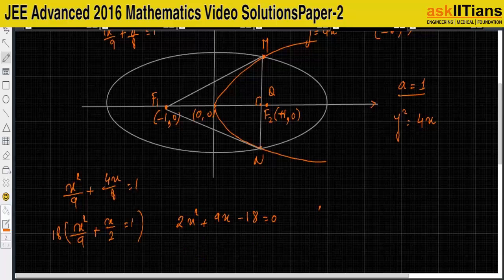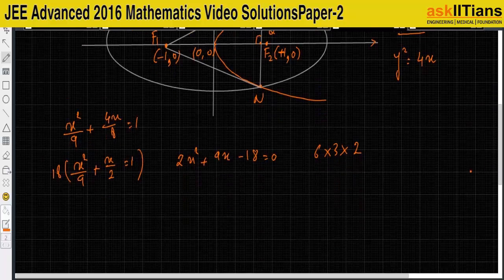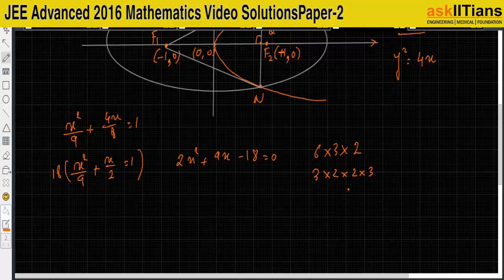So from here, if I want to factorize this, the product is 36, so 12 and 3 will work, right?